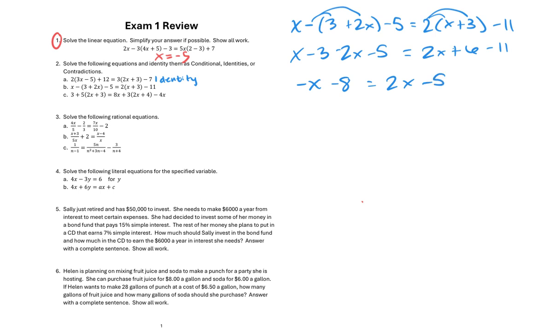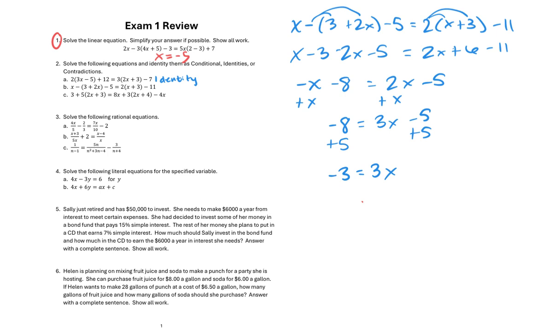So since these don't equal the same on each side, we need to keep going and simplify. So I'm going to add this x to this right side. So then I get negative 8 is equal to 3x minus 5. I'm going to add 5 to this side, and I'm going to get negative 3 is equal to 3x.